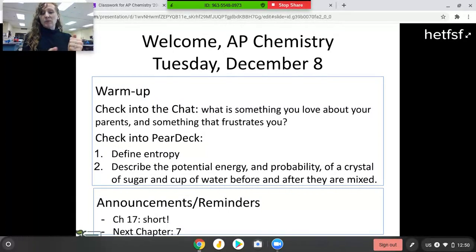That's what makes a crystal so strikingly beautiful, because there's so much order inside it. It has very distinct angles and reflects light in a very repetitive, consistent way. So a crystal of sugar would have a very low entropy. So low disorder, high organization, basically.